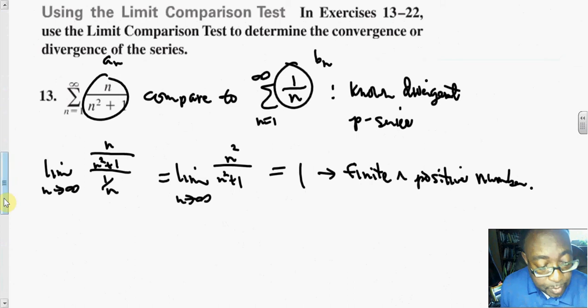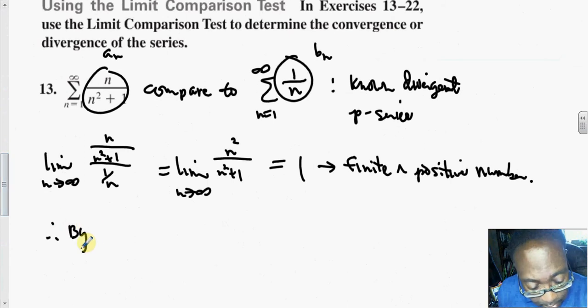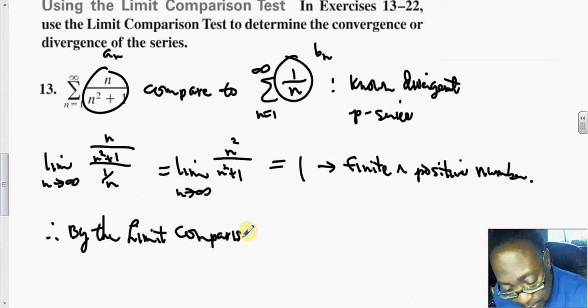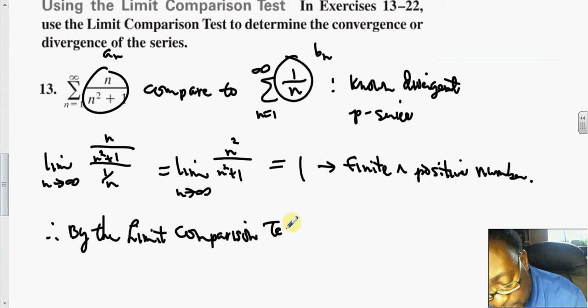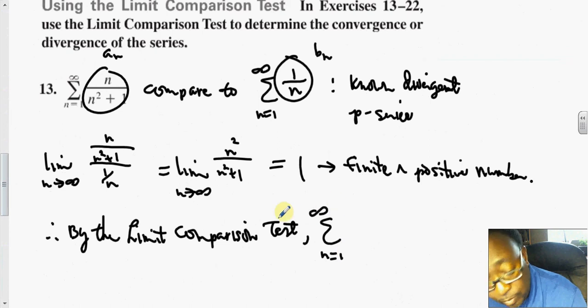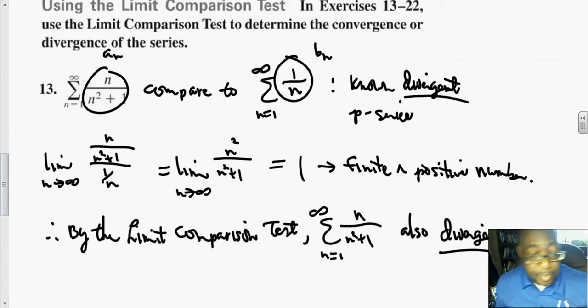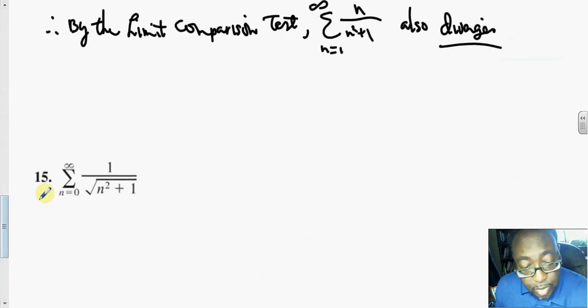So then by the limit comparison test, the given series also diverges. Whatever happens to one, the same nature happens to the other, if the limit of the ratio is a finite and positive number.